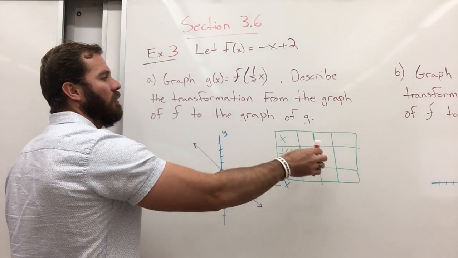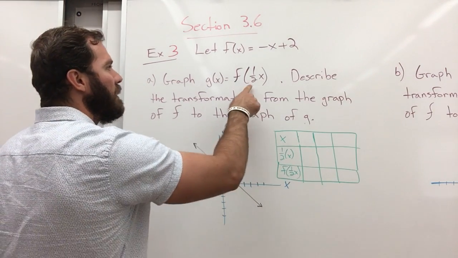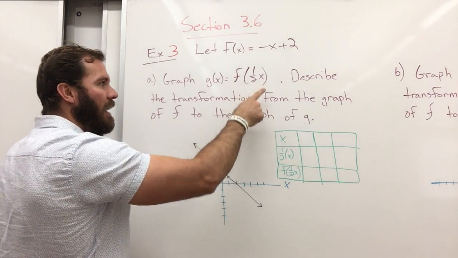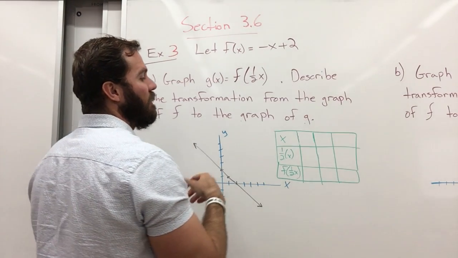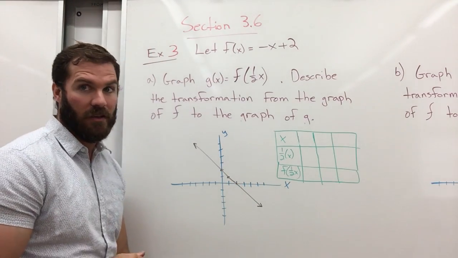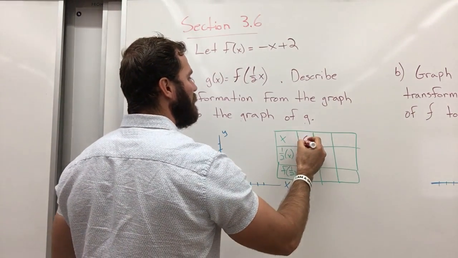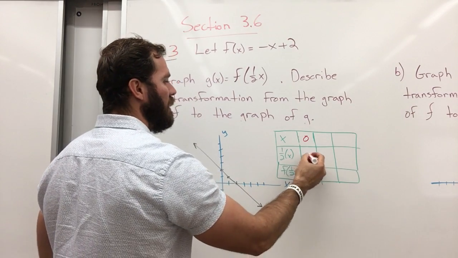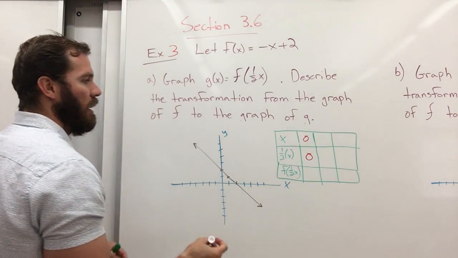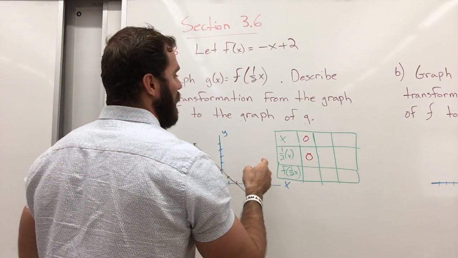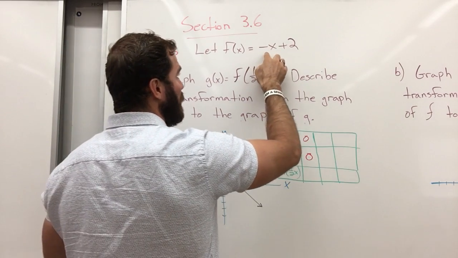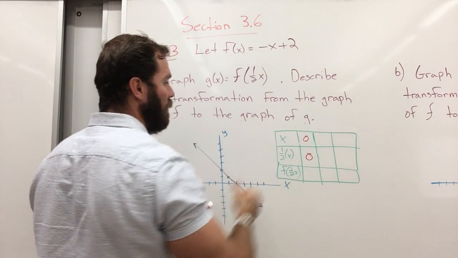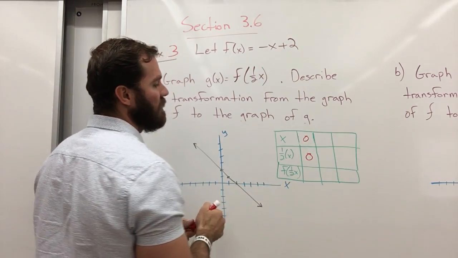I'm going to make a table so I can find what 1/2 x is, so I can find what f of 1/2 x is. So if I make x 0, 1/2 of 0 is 0. And if I plug that into my parent function, I have a -0 plus 2, so f of 1/2 x is going to be 2.